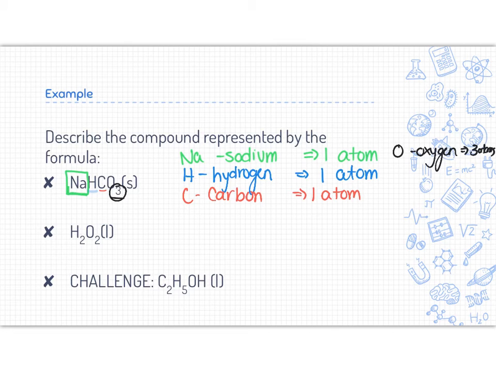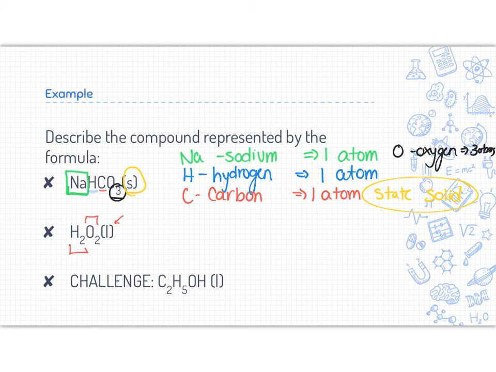And last but not least, the state of this compound is a solid in this case because of the s. I think you could do H2O2 on your own. If you pause for a moment, you should find that there are 2 hydrogens, 2 oxygens, and its state is a liquid.